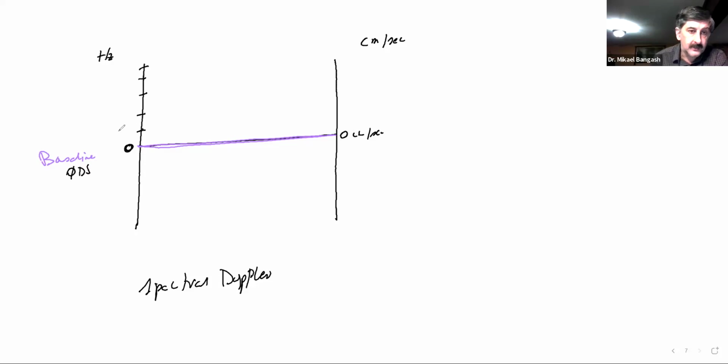you could say this may be going by 10 hertz, which on the other side will go by 10 centimeters per second.